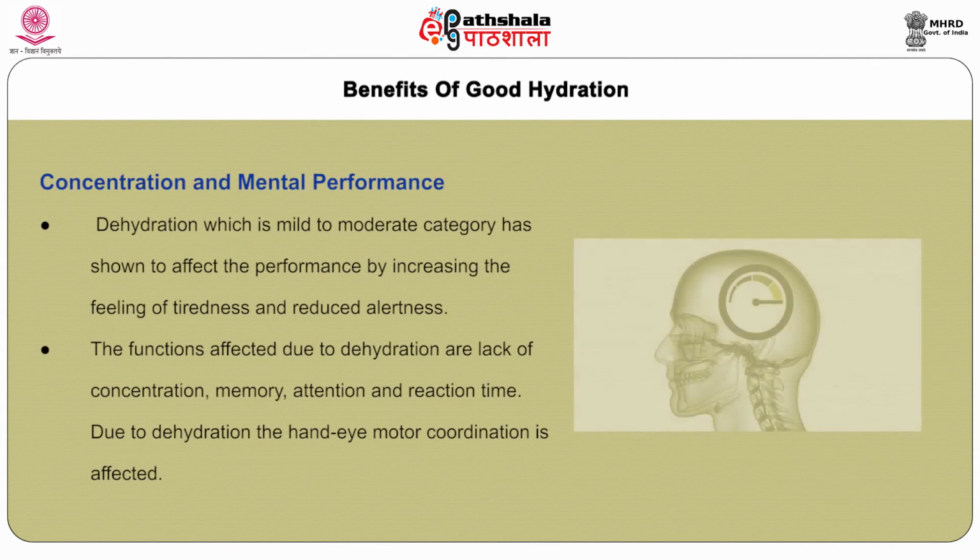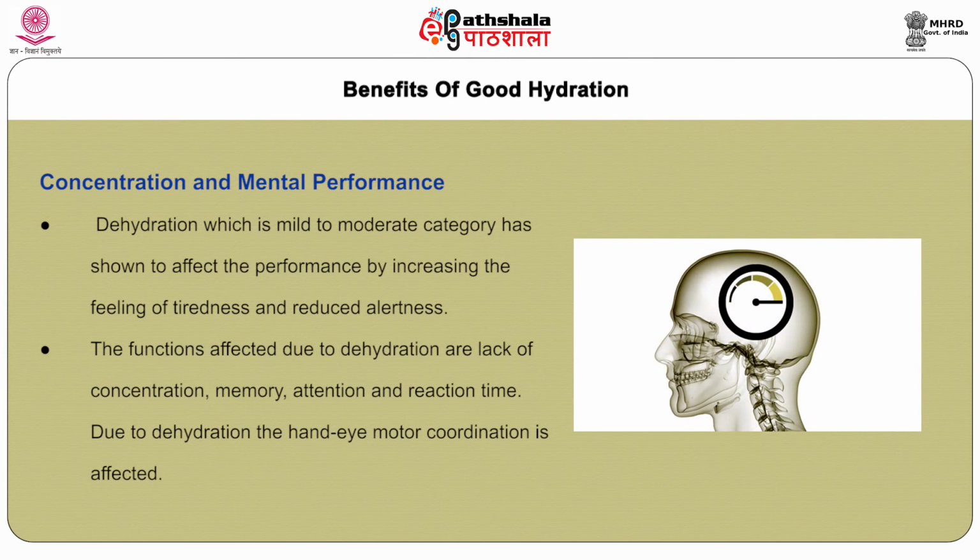Concentration and mental performance. Consumption of water is important for mental performance too. Dehydration, in the mild to moderate category, has been shown to affect performance by increasing the feeling of tiredness and reducing alertness. If the thirst is not quenched, performance is decreased by 10 to 15%.